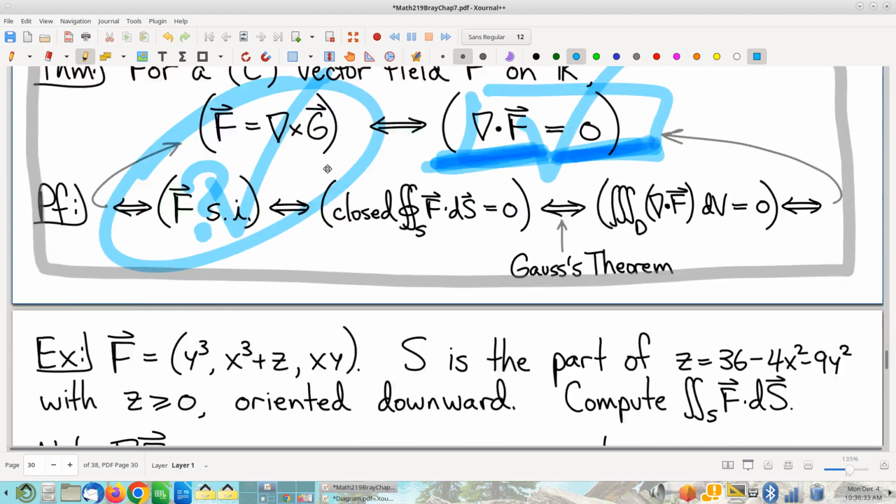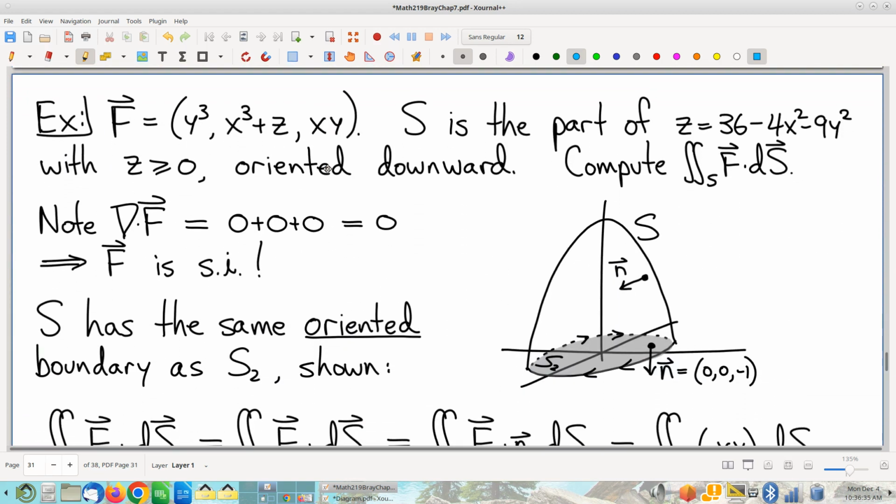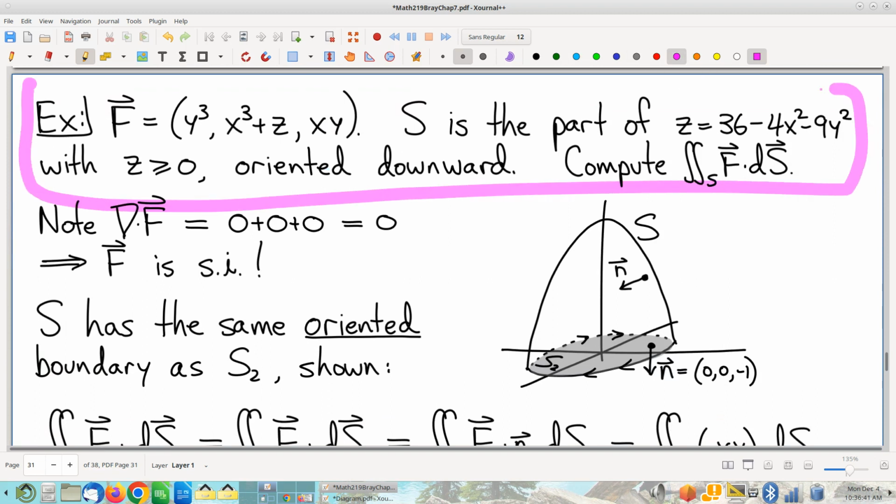All right, so let's see an example. Let's get our hands dirty. Here is a question. As I've done before, the very first thing I'm going to say about this question is that notice it doesn't tell you which of your many tools that you could conceivably use should you use. Right? It just says, hey, here's a vector field, here's a surface. Compute the flux.